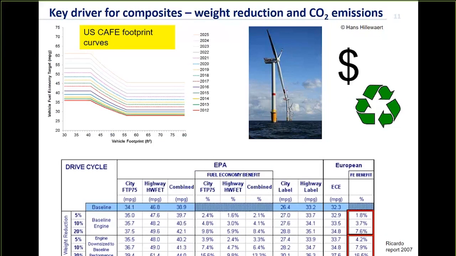However, if you go further and take advantage of the loss in weight to downsize the engine and get back to your original baseline performance, then you get around a 16.5% cut in fuel consumption. So you can see that weight reduction is a key tool in improving the efficiency of vehicles, as well as improving performance.